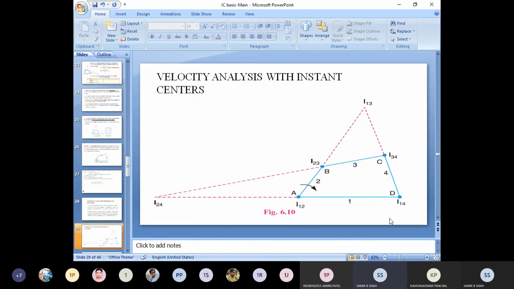Same for link 2, I23 and I24, and link 3, I34. So link 1 is concerned with 3 I centers: I12, I13 and I14. Link 2 is concerned with 2 I centers as shown in the figure, I23 and I24, and link 3 is concerned with 1 I center, I34, while link 4 doesn't have any I center.